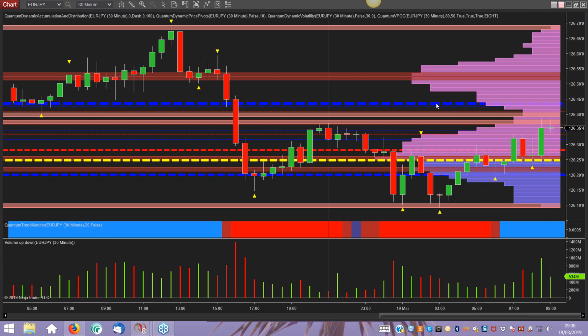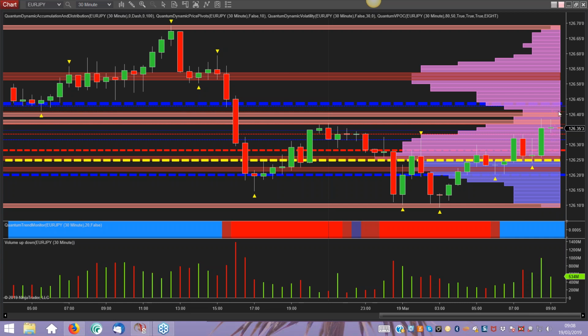On NinjaTrader, the way the accumulation distribution indicator works, it's based on price, but it actually thickens the line according to the strength of those regions. And the longer these regions are tested, the thicker that line becomes. You probably can't see it, but over on the right-hand side, it denotes with a little number how many times that area has been tested, either from above or below, and therefore acting as support or resistance in the past.